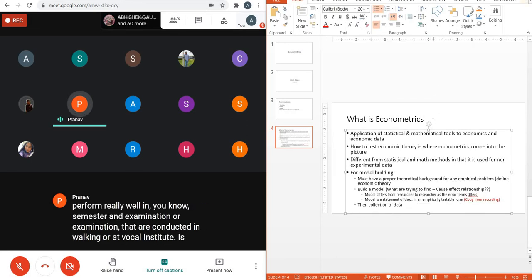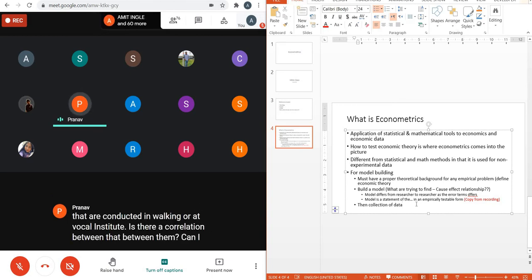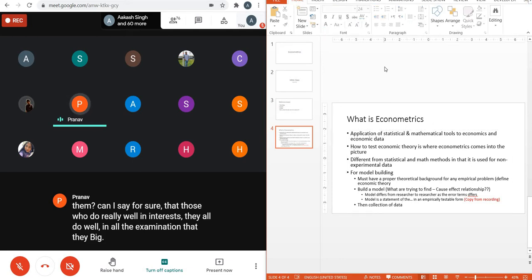Is there a correlation between them? Can I say for sure that those who do really well in entrances, they also do well in all the examination that they take at Gokhale Institute? So I go for data collection. Then my next step is to collect those data.